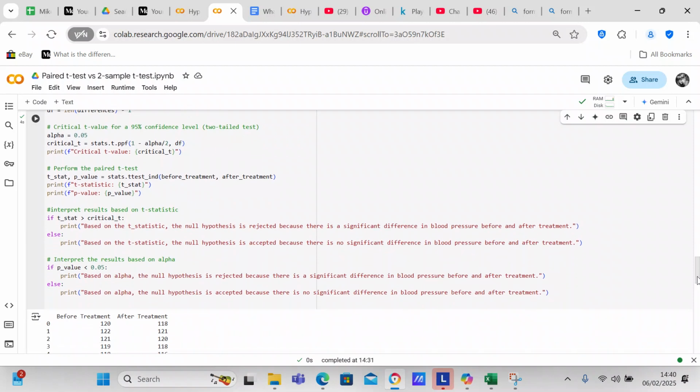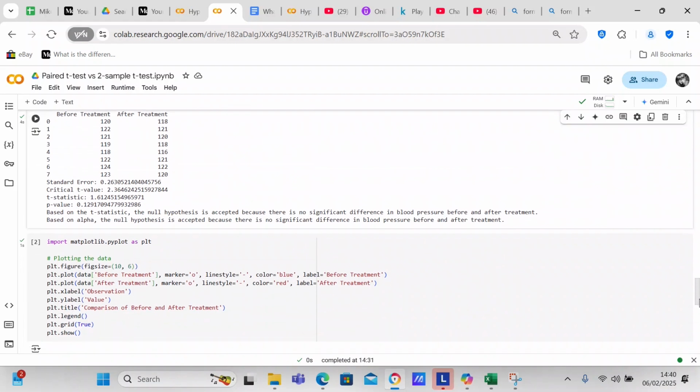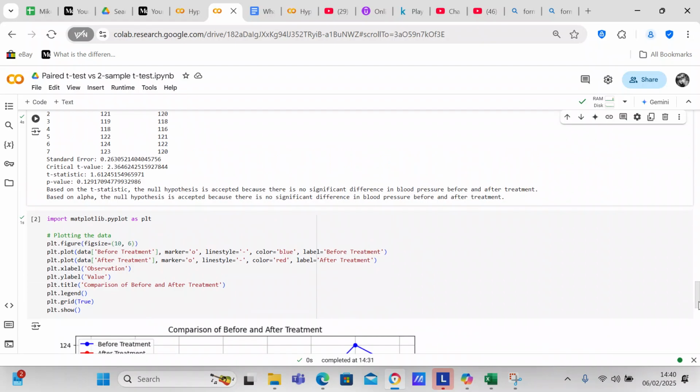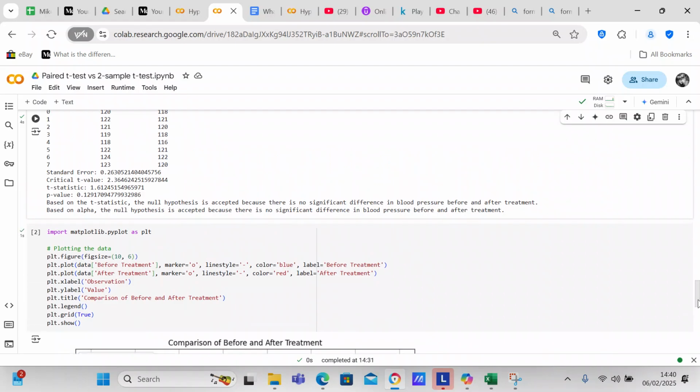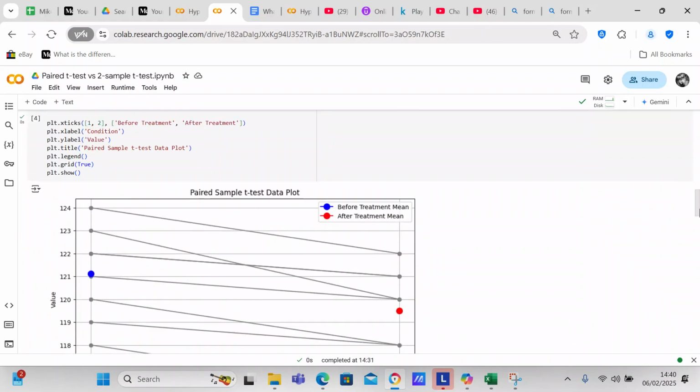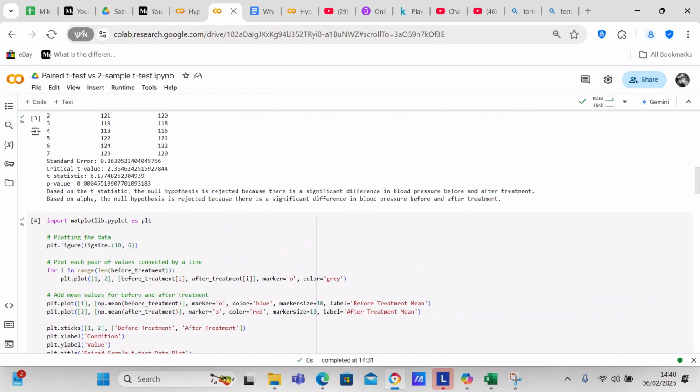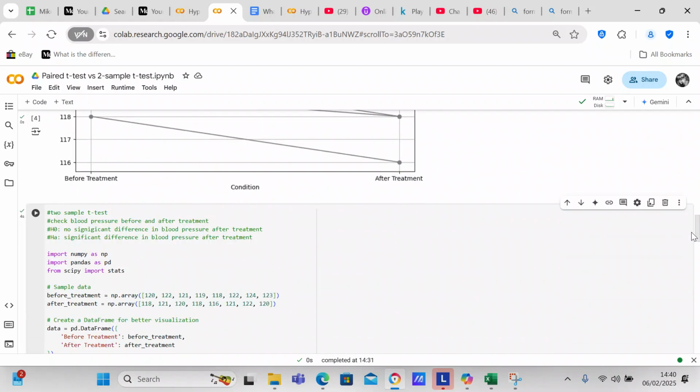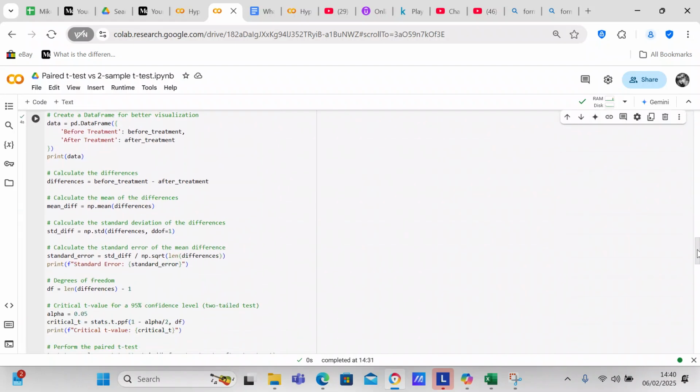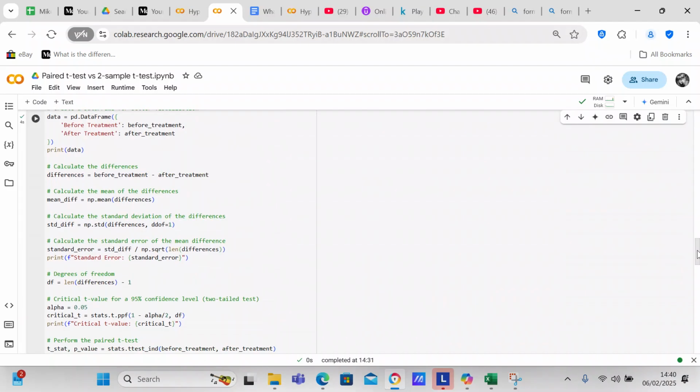The critical t-value is the same, I believe. Let's see what we've got for critical t. The critical t-value is 2.36, and up here it's 2.36. So the critical t-value is the same.